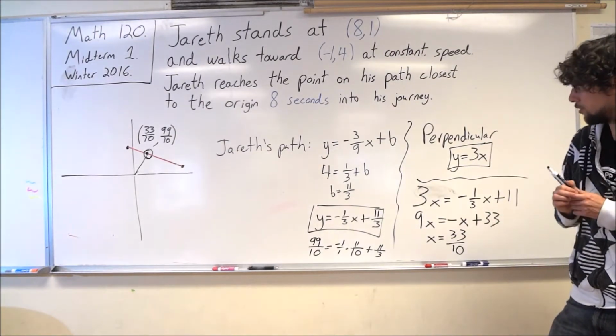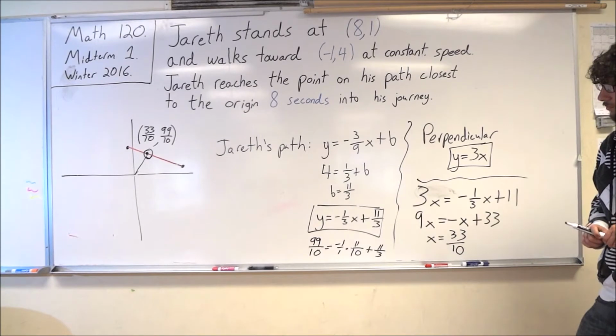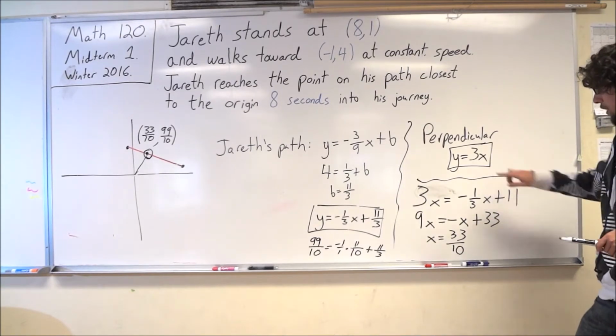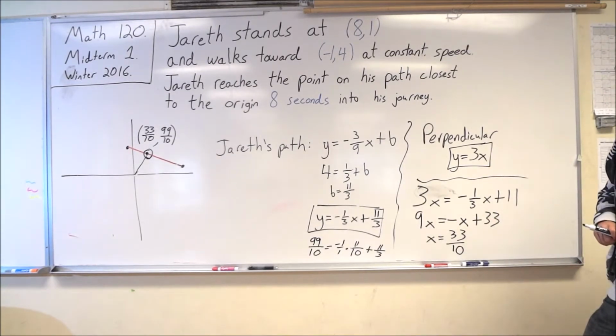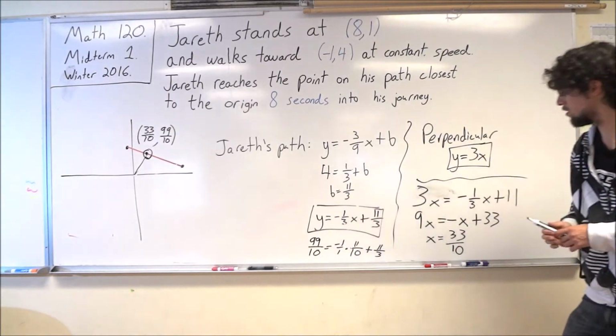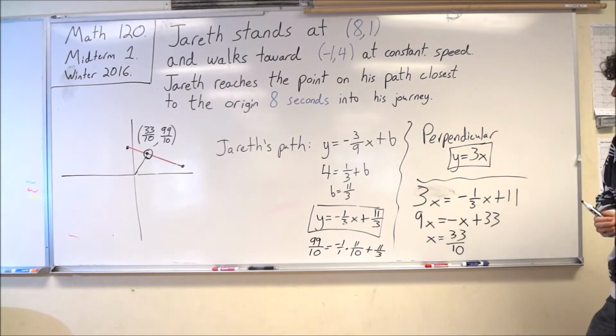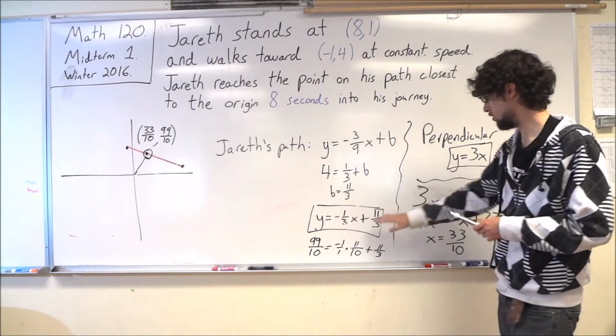I'm happy about that too. So I'm happy about my equation for Jareth's path. Am I happy about my equation for the perpendicular? Yes. The slope is perpendicular to the slope of this, and this perpendicular does go through the origin, so I'm happy about both of these things.